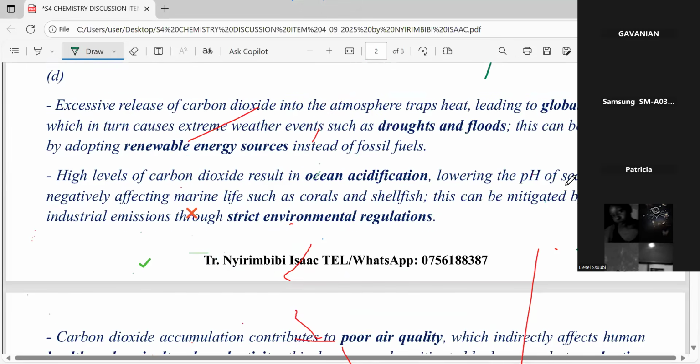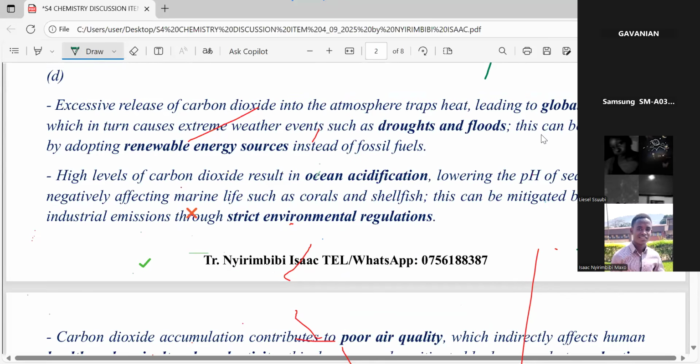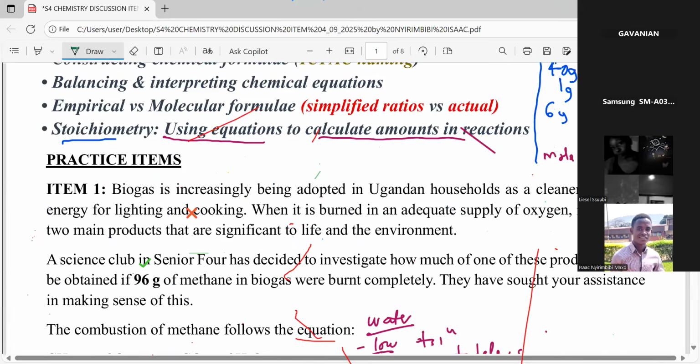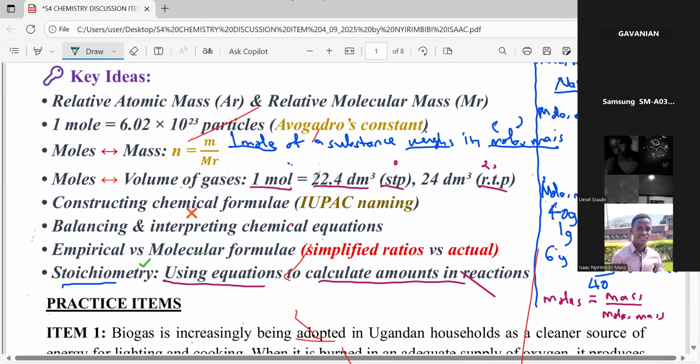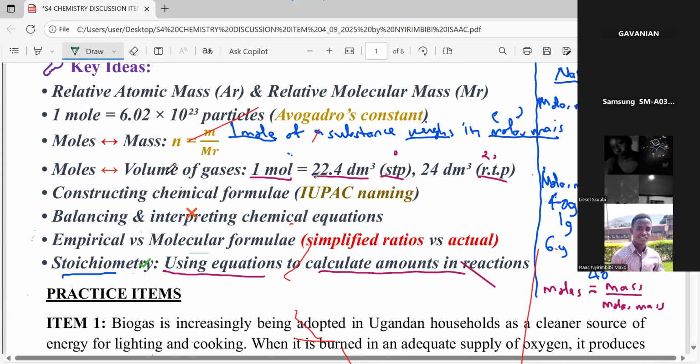So according to this, it is not giving us. When you look at this here, I'm just bringing gas here. Here they are saying that the volume of 1 mole of gas is 22.4 decimeters cubed at STP, while it is 24 at RTP.